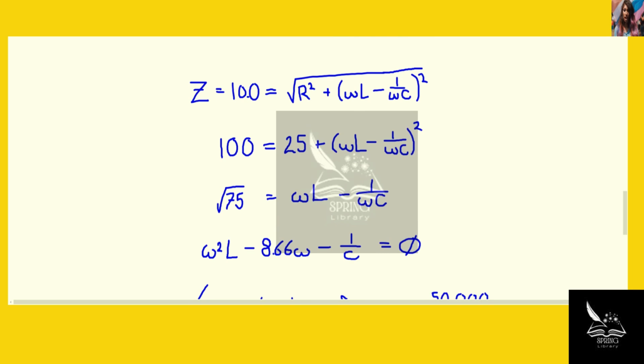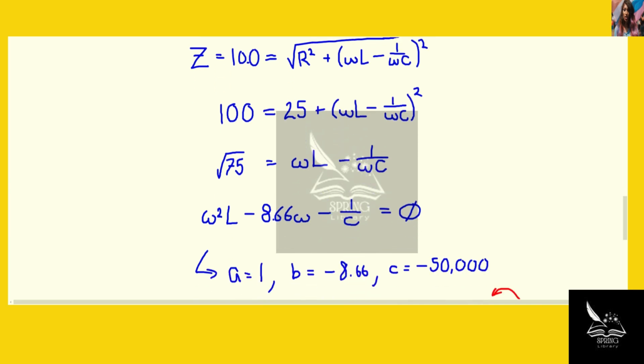Ultimately, we end up with omega squared L minus 8.66, which is the square root of 75, times omega, minus 1 over C. Since L and C are constants, we're good to go. In fact, we can pull out the quadratic formula values: little a is 1, little b is negative 8.66, little c is negative 50,000.